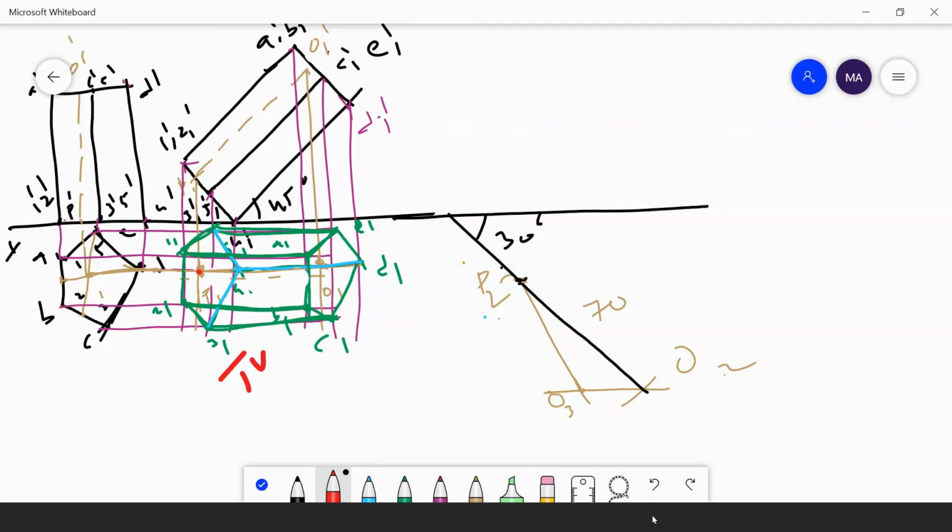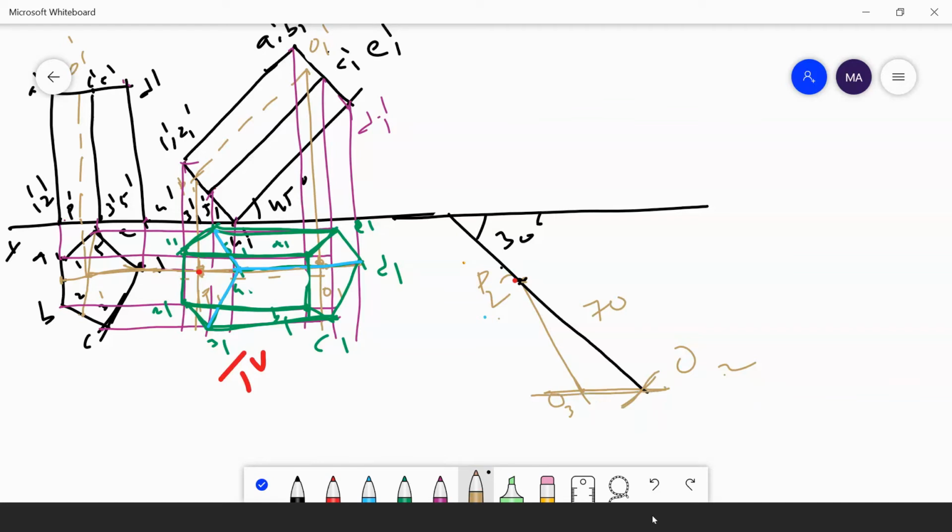First you have taken P2O2, the given height, that is 70 mm. You have taken one point as P2. From P2 you have cut 70 mm here. You will get the O2 point. From O2 you have drawn one locus line, a horizontal line.